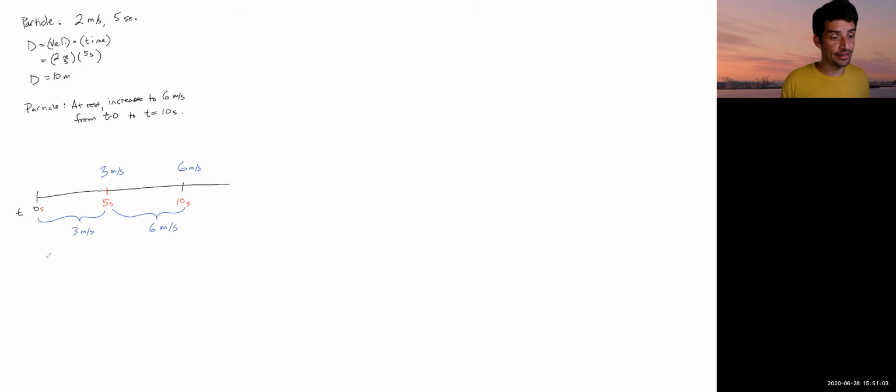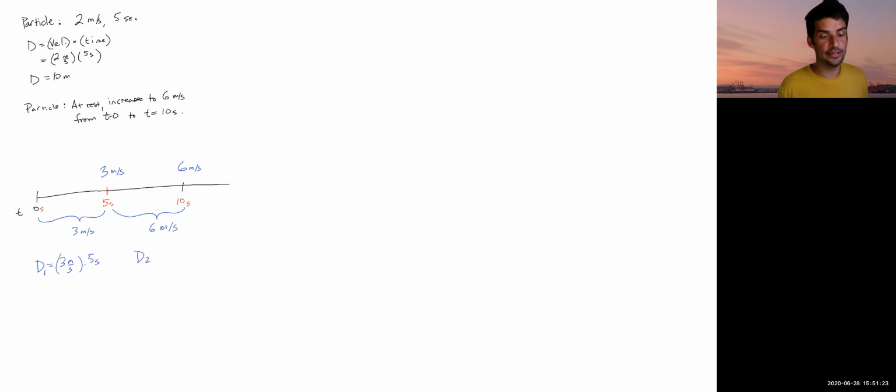So during this interval, the distance covered would be, let's call this d1, 3 meters per second times 5 seconds.